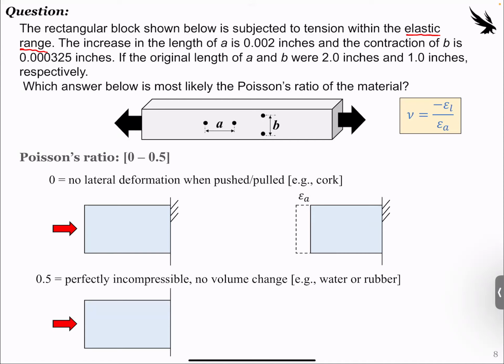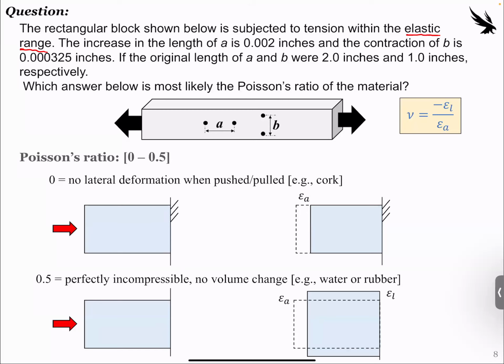On the other end of the spectrum, 0.5 is perfectly incompressible, which means there's no volume change. Examples would be water, rubber, or hydraulic oil, where if we load it in the axial direction, we see an equal and opposite deformation in the lateral direction. The reason it's 0.5 is because you're only looking at one direction. It's technically occurring in 3D, so there's one in the Z direction as well, but we don't account for that.